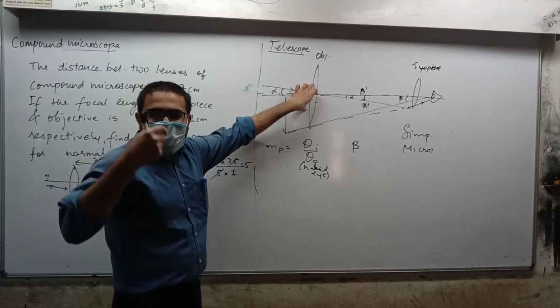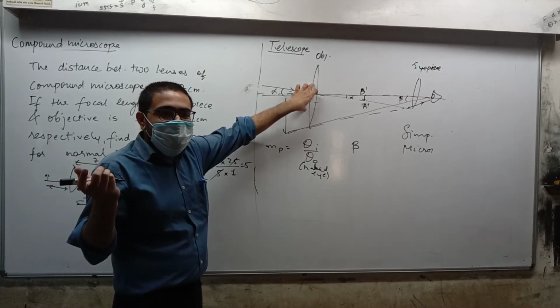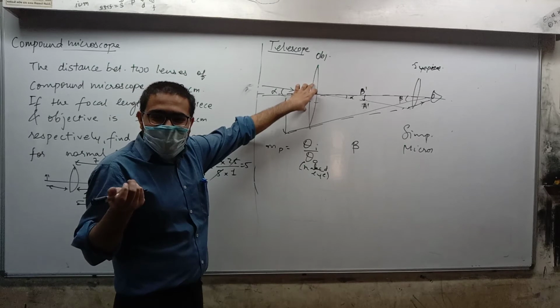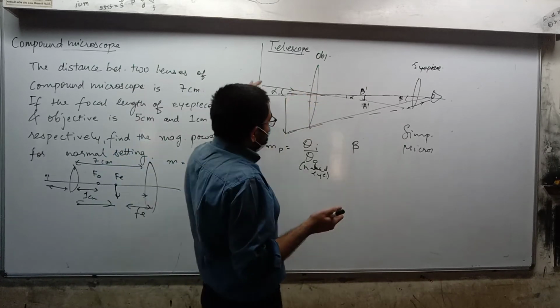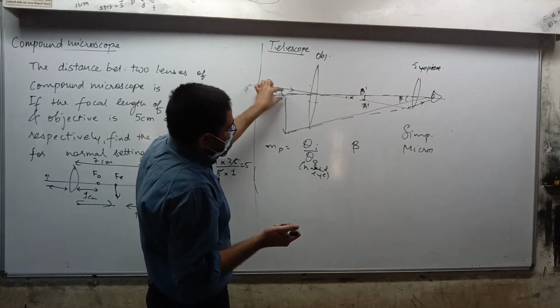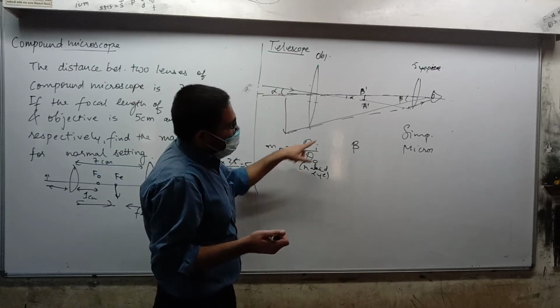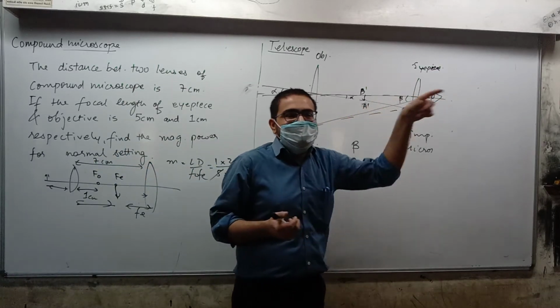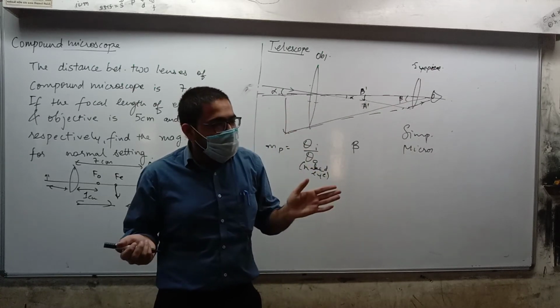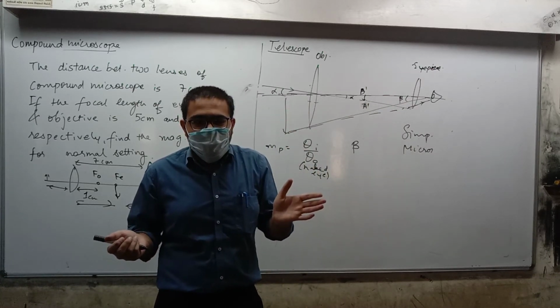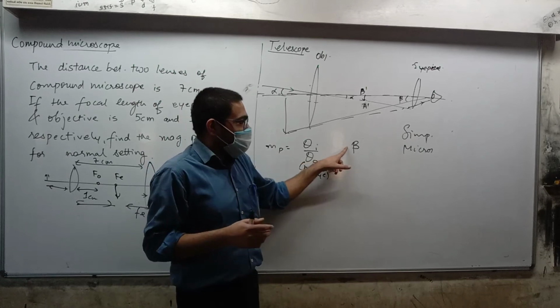Where will the light fall first? If you are seeing it with the naked eye, on your eye. There is nothing else. So if you see the same object with the naked eye, it makes an angle alpha. Understood? But if you watch it with a telescope, it makes an angle beta. Got the difference? With the telescope, it makes beta.